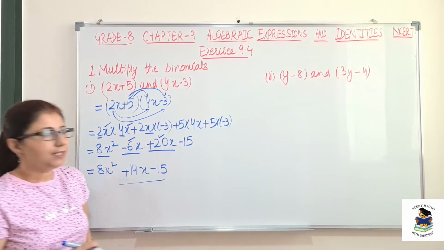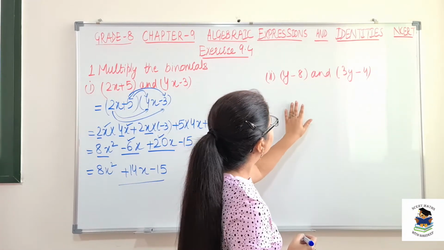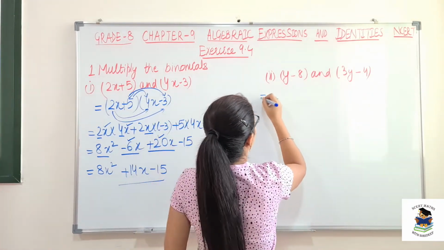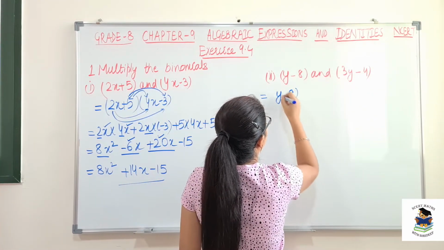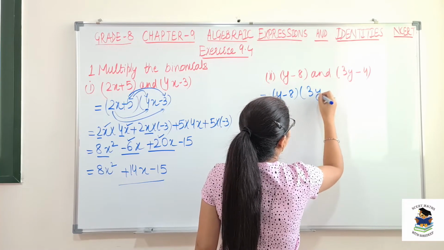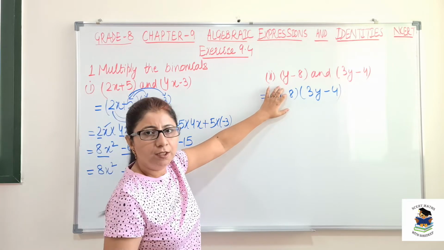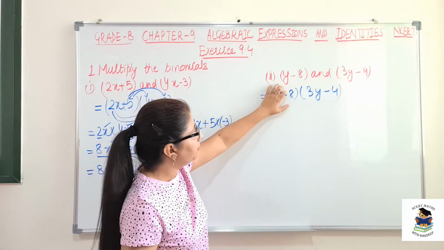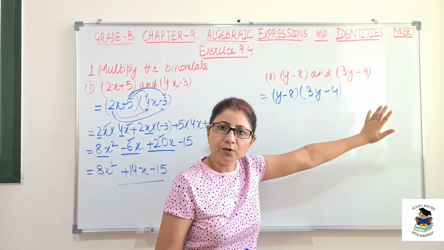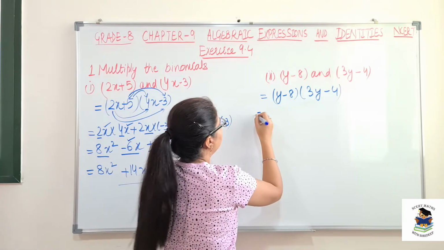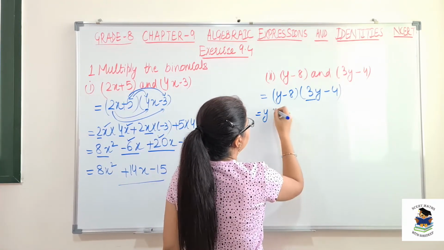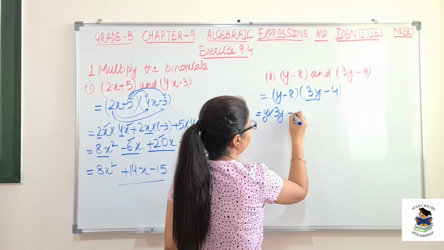Now let's see our second part. Here we have to multiply y minus 8 with 3y minus 4. So again we will take one term of the first binomial and multiply this with all the terms of the second binomial. So we will have y first multiplied with 3y.